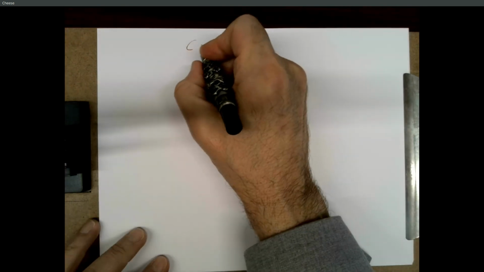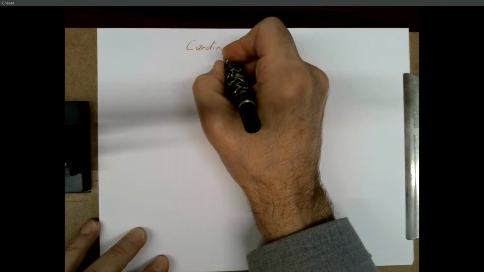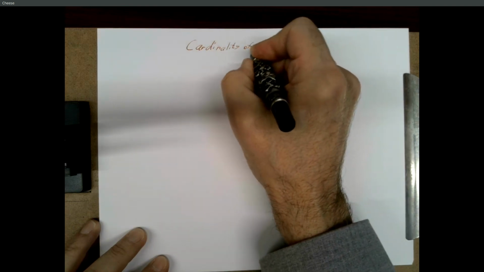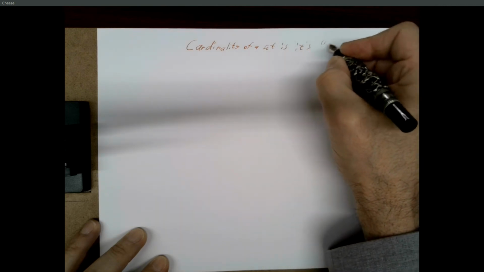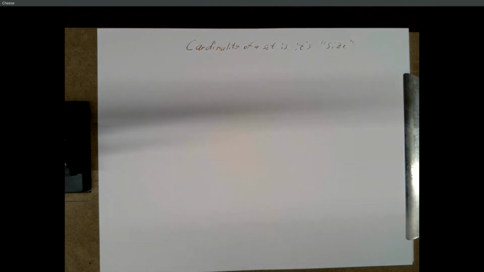Let's talk about cardinality. Cardinality of a set is a measure of how big a set is. It's a measure of its size.